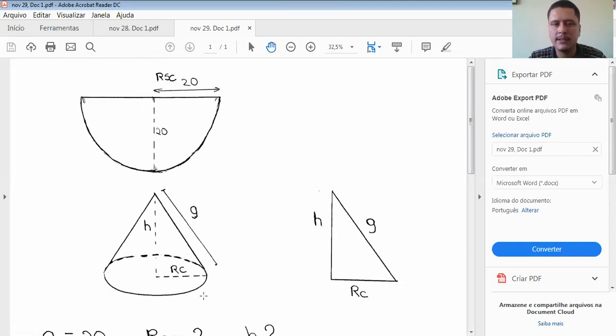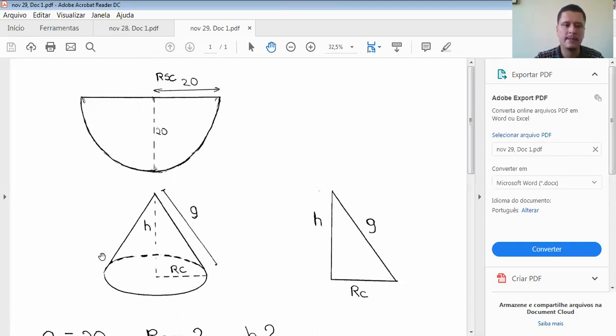So what was requested from us was the distance between the beak and the table. If we translate into mathematical words, it's going to be the distance from the apex, which is this point here, to the base of the cone, which is the center of the base here.